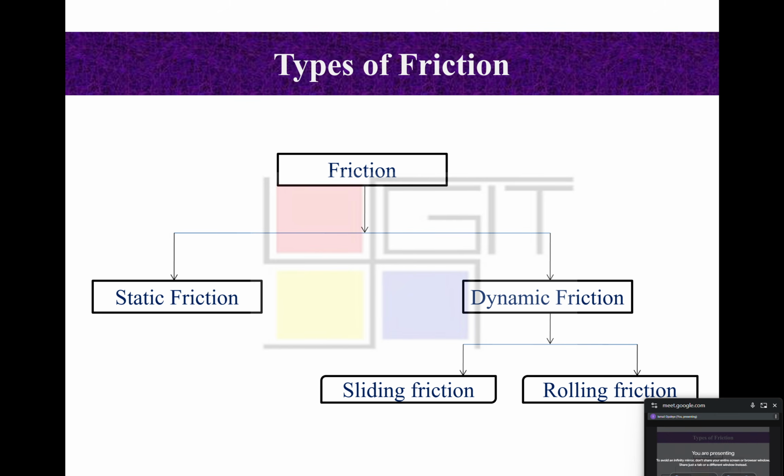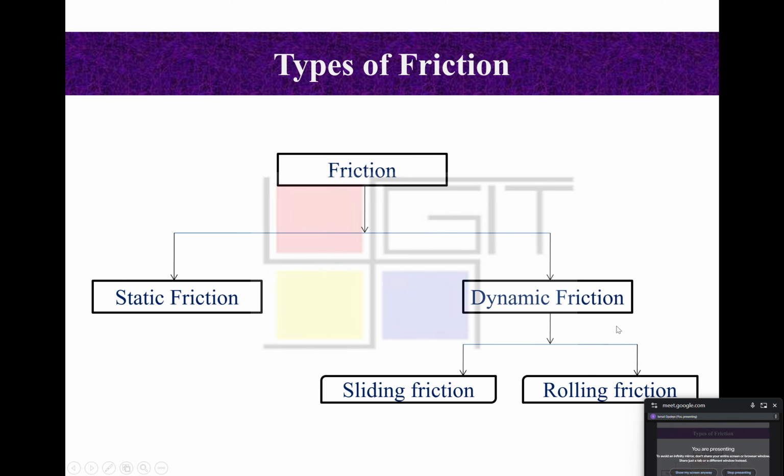Why? Because the object hasn't begun motion at all. It's just about to move. That's when the force you're applying is equal to the frictional force. So that kind of friction I explained just now is called static friction.